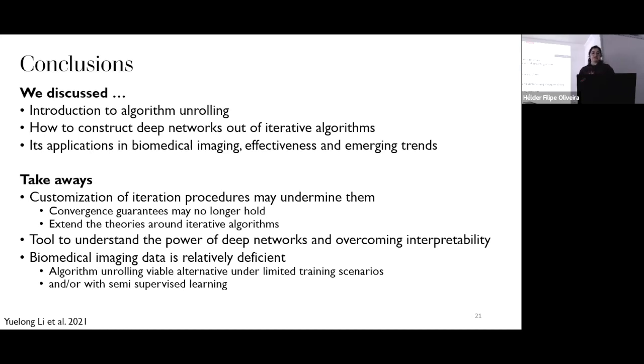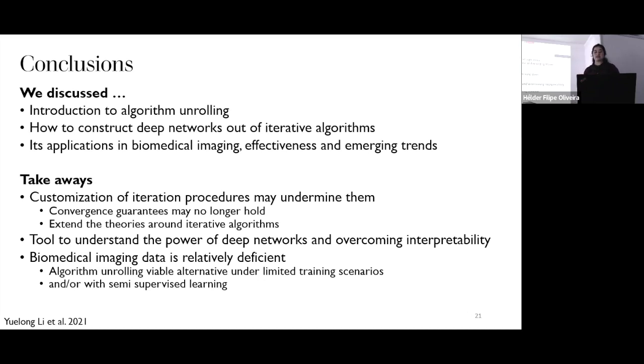And a takeaway is that if we customize the iterative algorithm, it can undermine the algorithm, and we also can have convergence guarantees that can no longer hold. But an approach is to extend the theory around the iterative algorithm in order to overcome that.